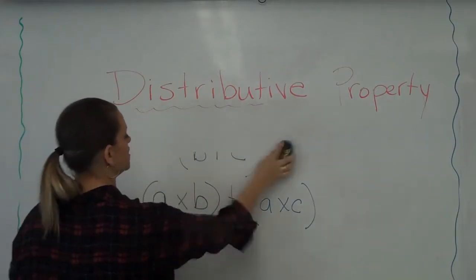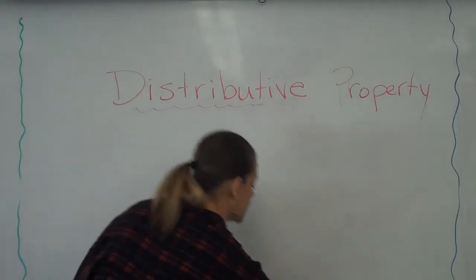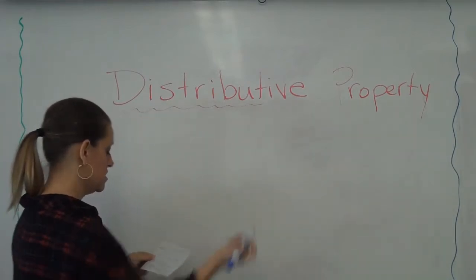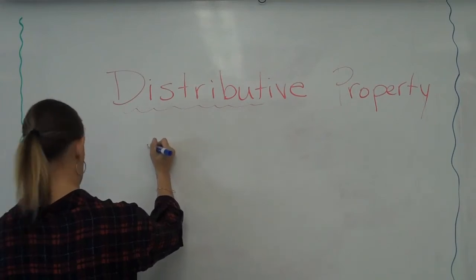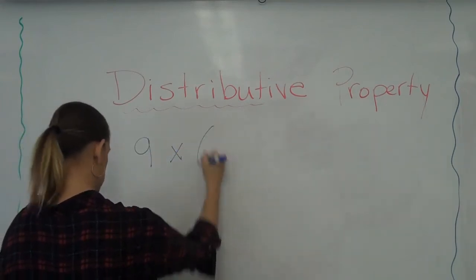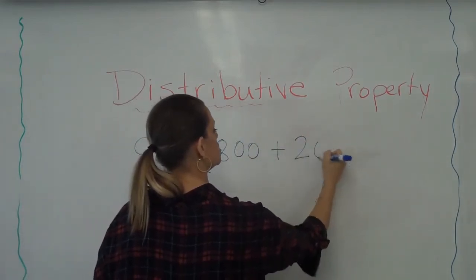Now, let's look at that with numbers, because that's the hardest part. So, for example, let's see in our little notes here. We have 9 times 800 plus 200.